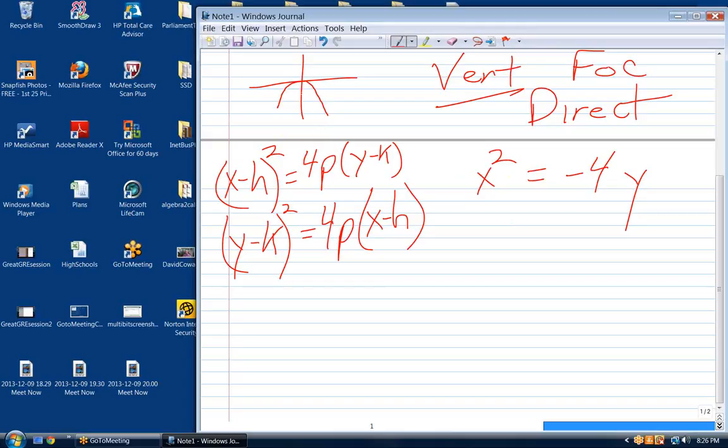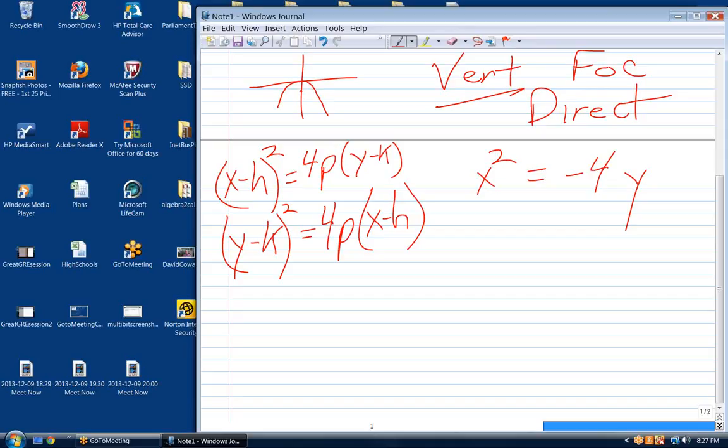Okay, so our focus is going to be somewhere in there. Where's the vertex? 0, 0. Okay. What's P? Did we do this one already? Maybe not.